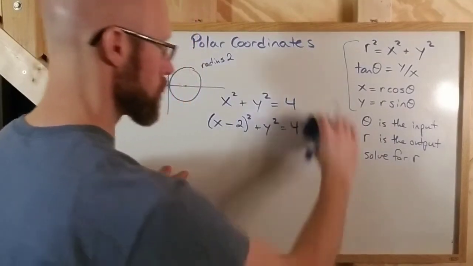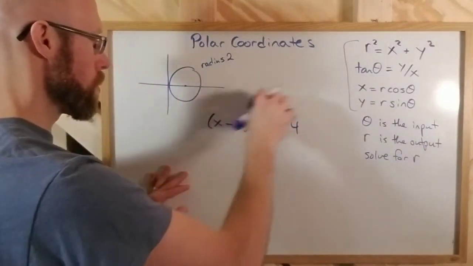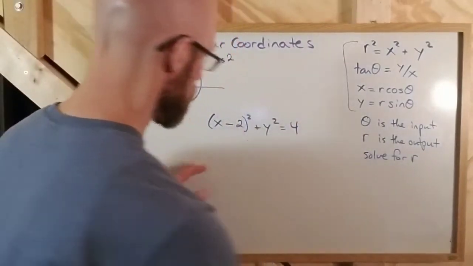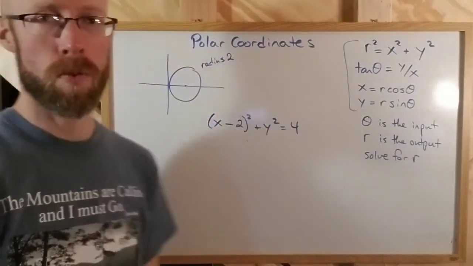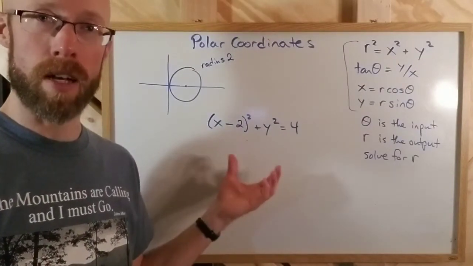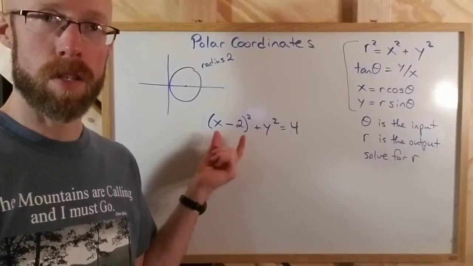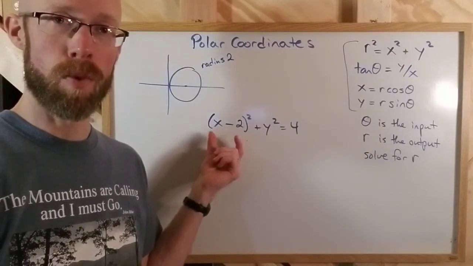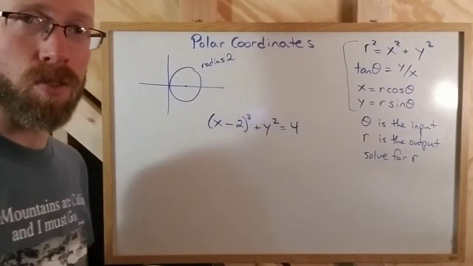So this is actually the rectangular form of that circle: (x minus 2) squared plus y squared equals 4. The rectangular form is a bit messy. You have both x squared and y squared. You have some stuff inside with the x, and so it's quite messy.